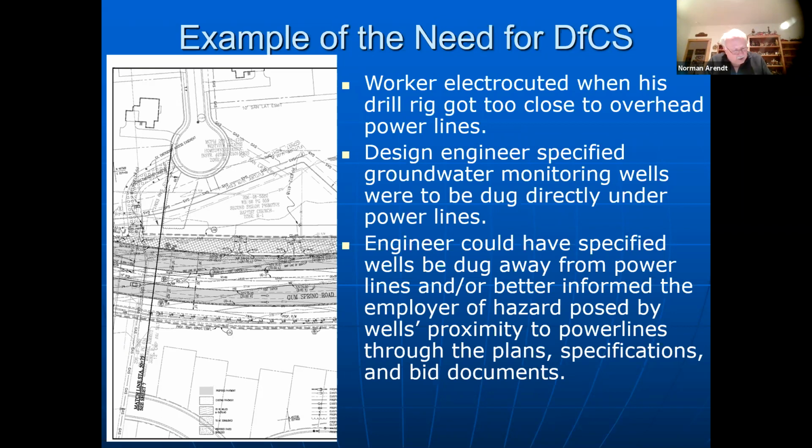There were things they could have done differently. They could have specified the wells be dug in another position away from the overhead power lines. They could have informed the construction company about the power lines. They could have contacted the power company and said, we're going to be doing some work around the lines, maybe they could come out and shield the lines. And there's lots of examples like this of things that have happened that they could do differently.